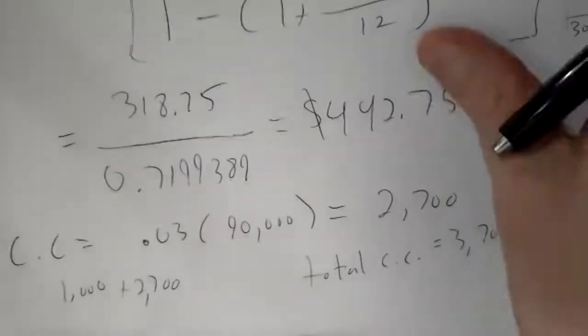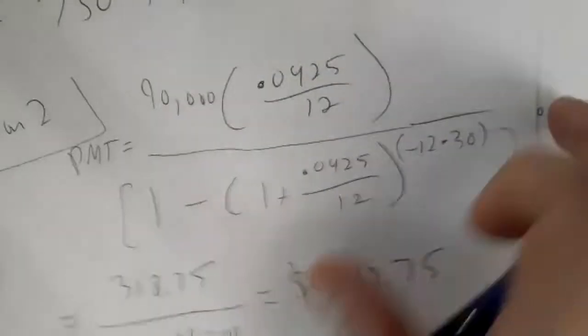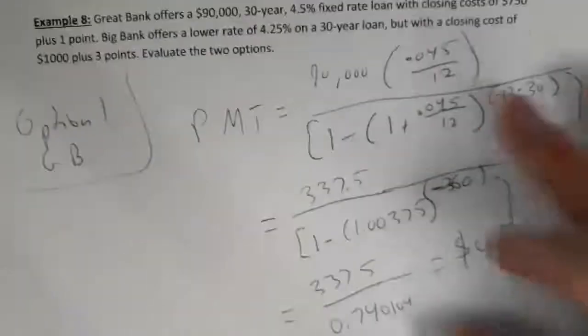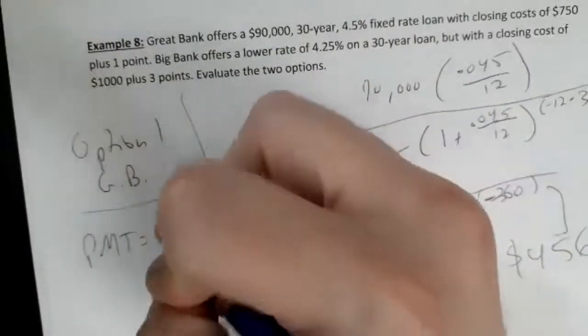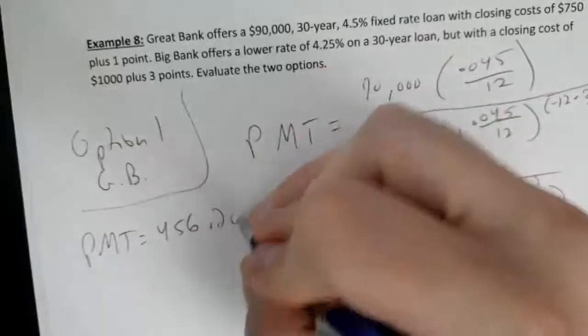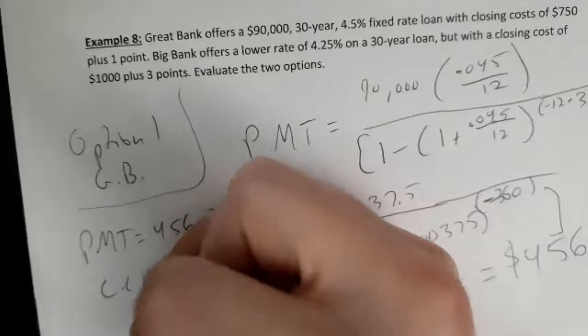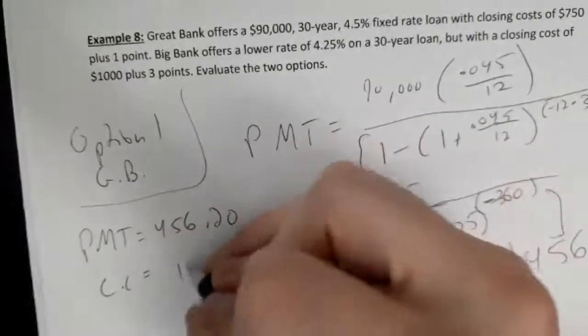So now we want to go back and look at these options. Option 1 has a payment of $456.02. Closing costs are $1,650.